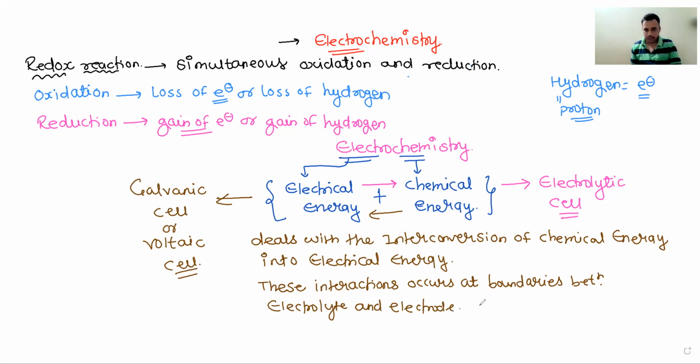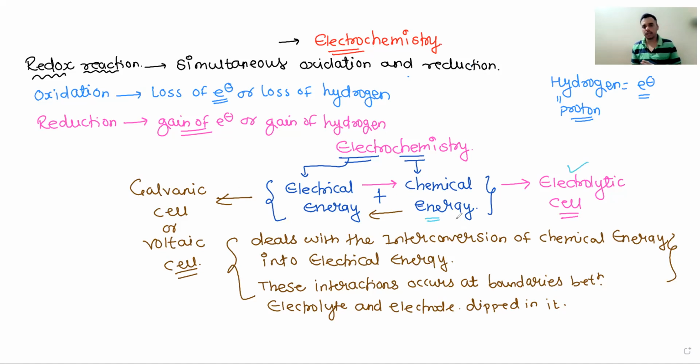The electrode is dipped in the electrolyte solution. All these interconversions, from chemical to electrical and electrical to chemical, are referred to together. When we use electrical input to get chemical output, that is an electrolytic cell.